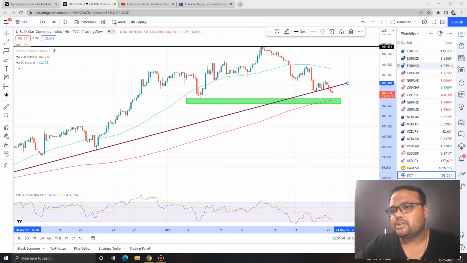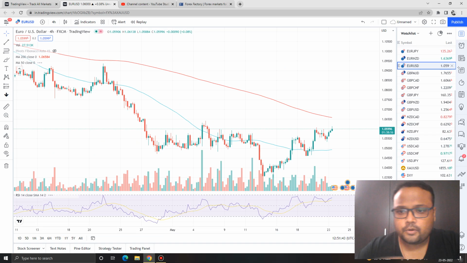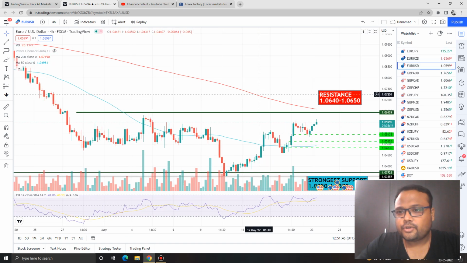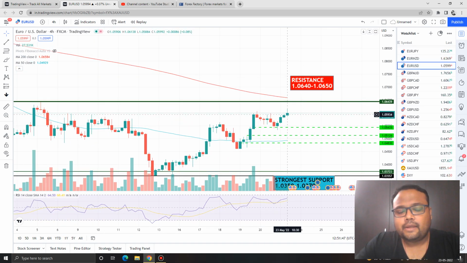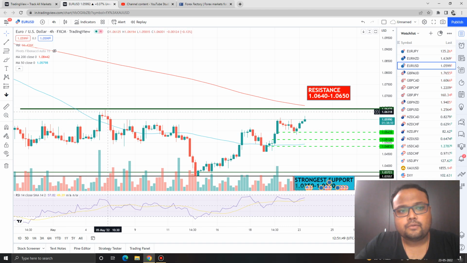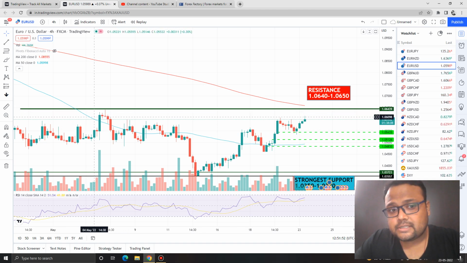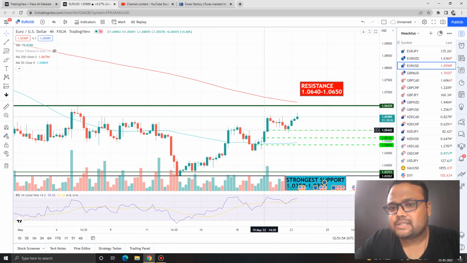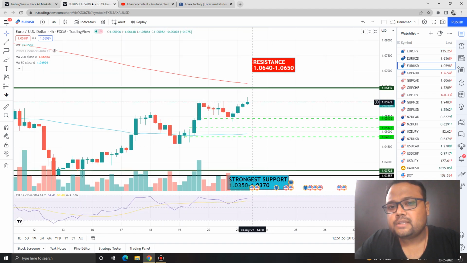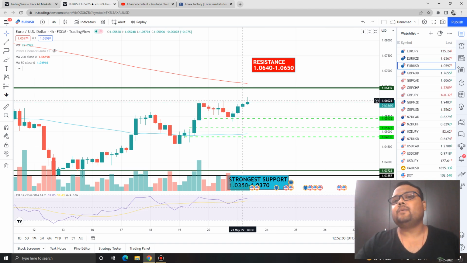Now let's look at the chart of Euro USD. As we have already discussed, this is a resistance zone here, and as you can see right now Euro USD is facing some sort of selling pressure here. But my dear friends, again I'll say one thing, this is our hard-earned money, so it's our responsibility to protect it.